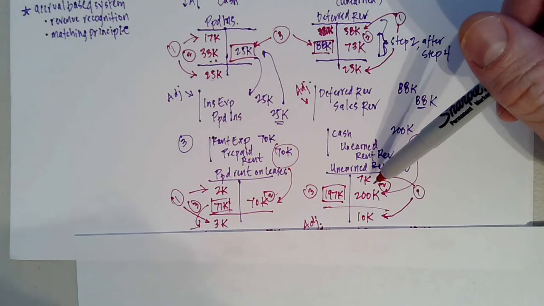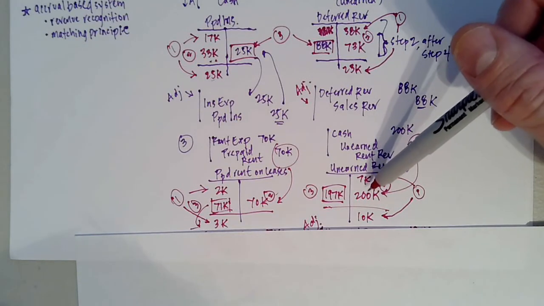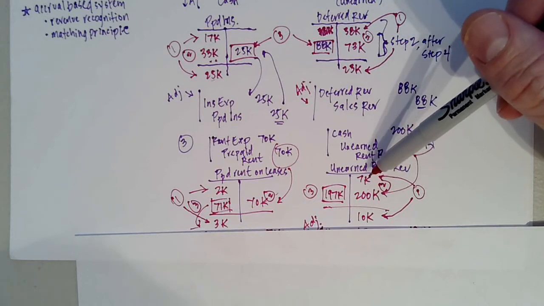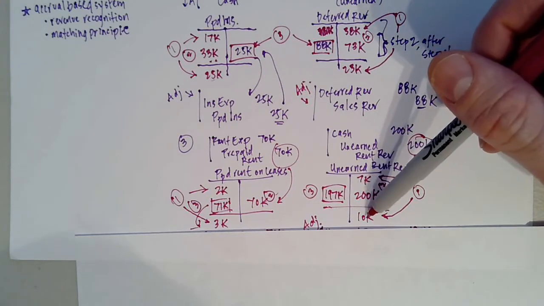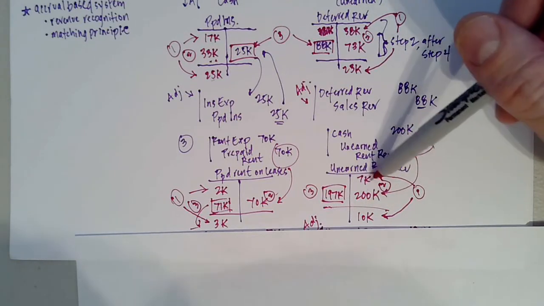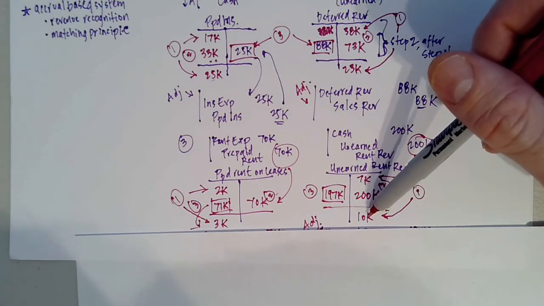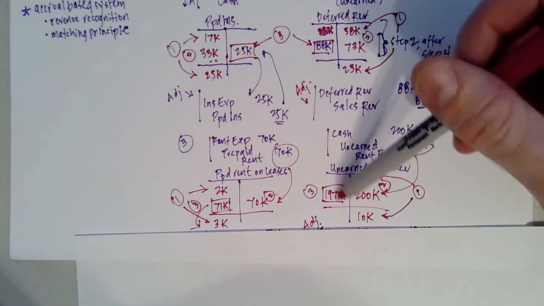Over here, you approach it a little differently. You have 7,000 and 200,000, right? Well, 207,000 is not 10,000. You could say, well, what do I have to reduce 207,000 by to get to 10,000? And the answer would be 197,000.